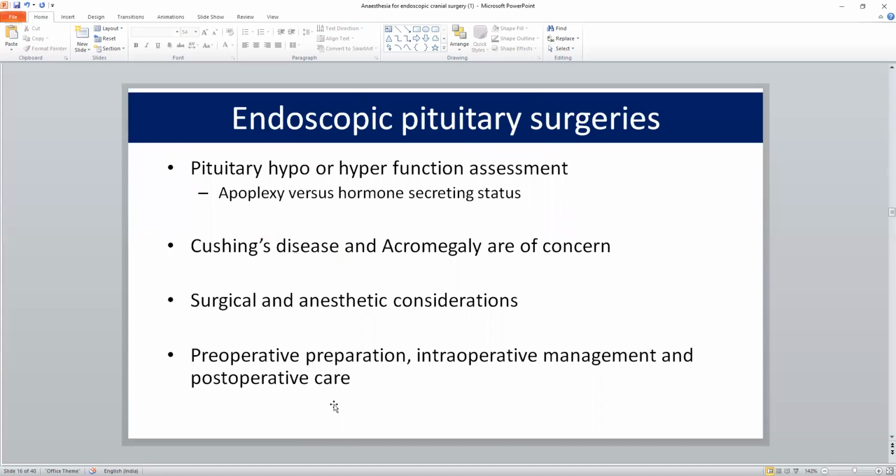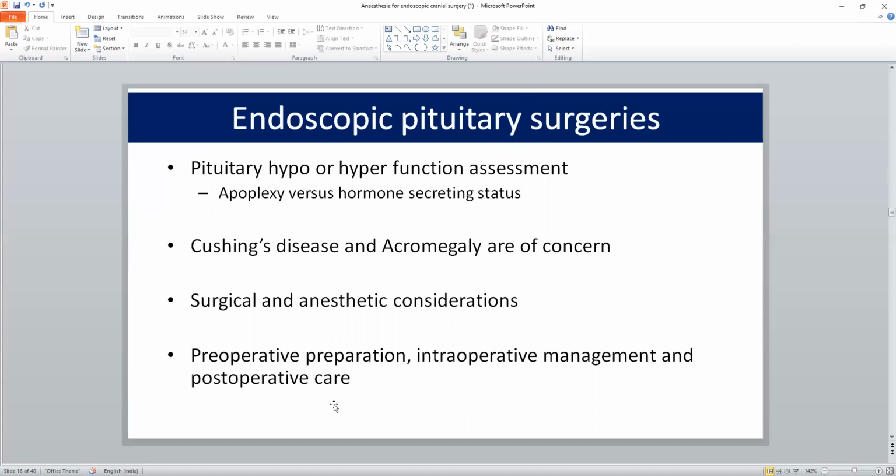Now, the most common problem that you encounter in patients undergoing endoscopic pituitary surgery is either hypo or hyperfunction of the pituitary and mass effect. So apoplexy results in hypofunction, and hormone secreting tumors result in hyperfunction of that particular hormone, and we should be carefully watching for that.